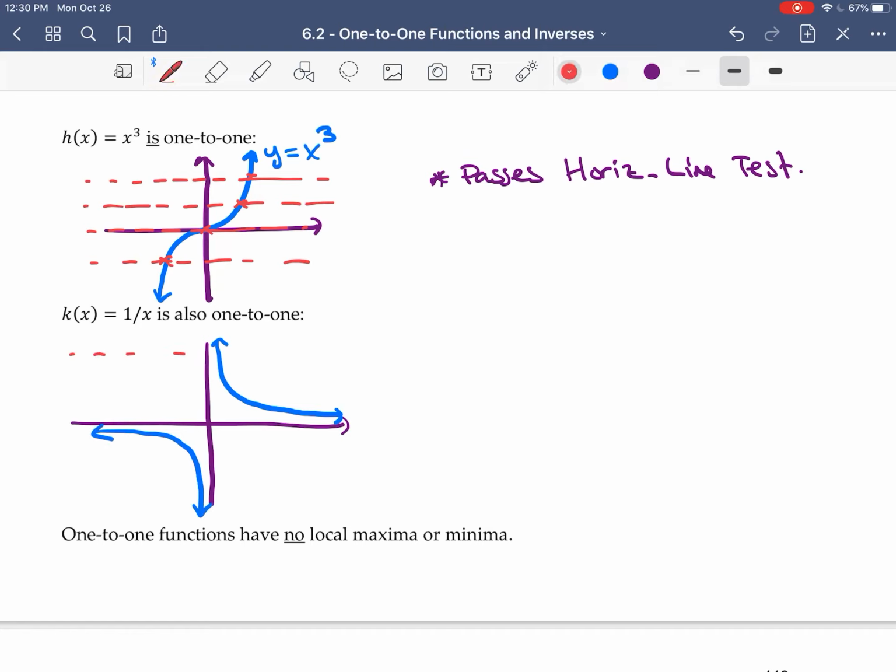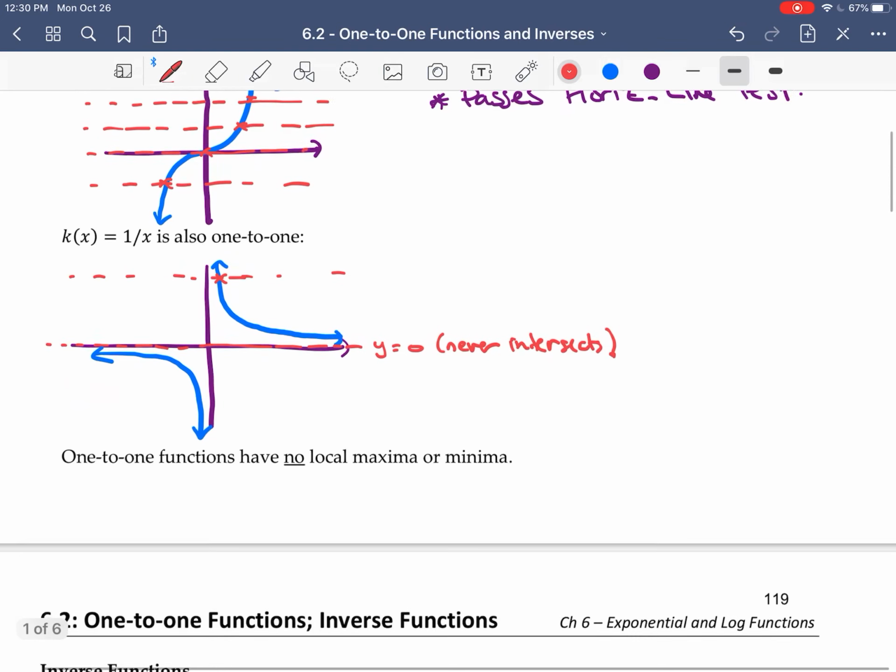Again, any horizontal line only hits one place. Now it's okay that this horizontal line never hits, as long as it doesn't hit more than once. So it's possible that you never hit, but you just don't want to hit more than once. Okay, so it also passes.